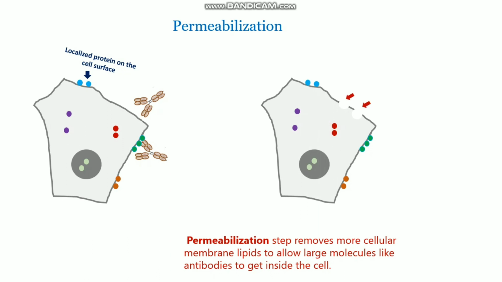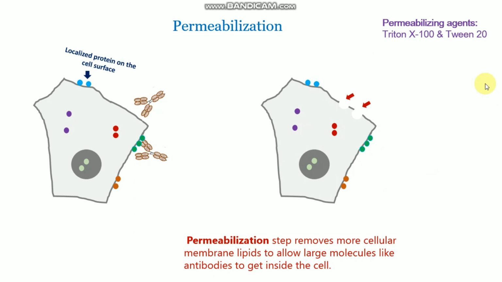The permeabilization step removes some cellular membrane lipids to allow large molecules to get inside the cells. We usually use the permeabilizing agents Triton X100 and Tween 20. Commonly we use Triton X100 in our lab.